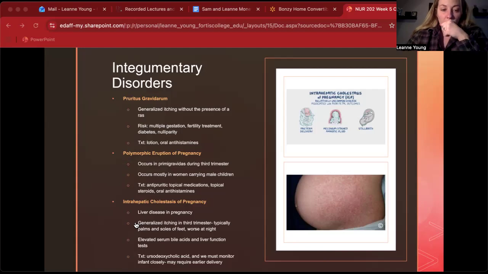The biggest one on here that I want you guys to know is intrahepatic cholestasis of pregnancy. So this is liver disease in pregnancy. The biggest symptom of it is women complain of their palms and the bottoms of their feet itching like crazy. And not just like, oh, I'm a little itchy.